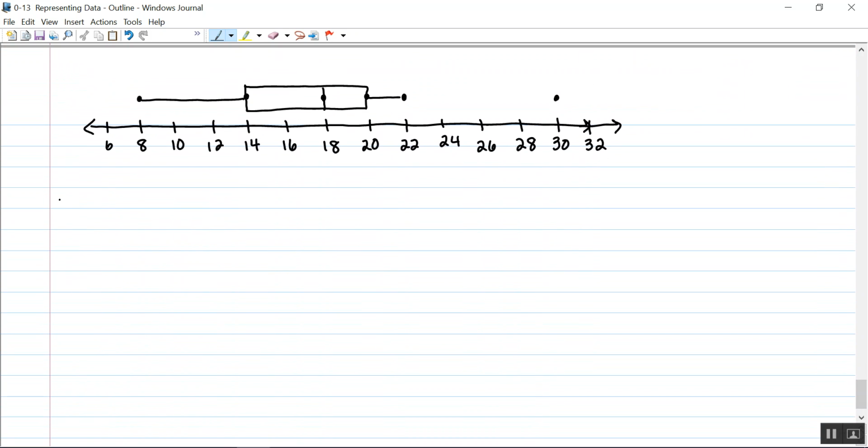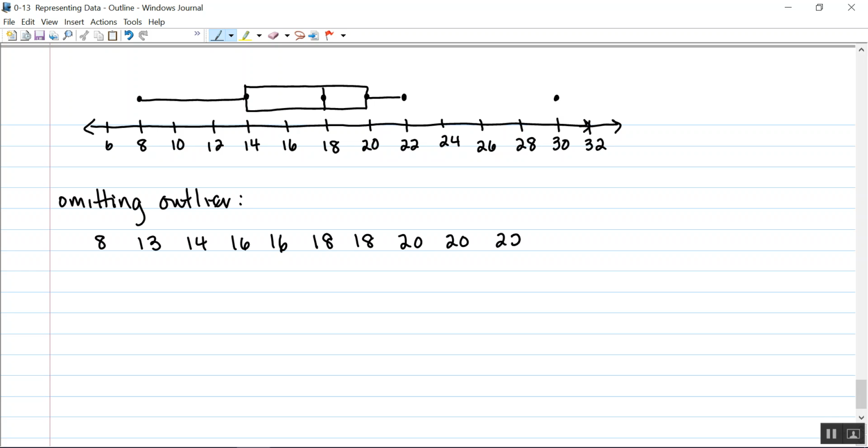Omitting the outlier, I have my data values 8, 13, 14, 16, 16, two 18s, two 20s, and a 22.